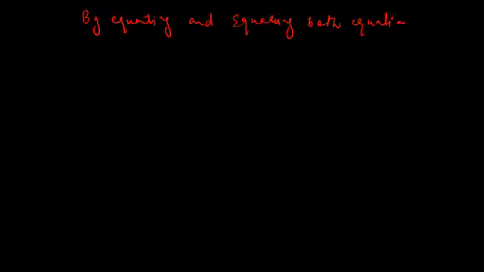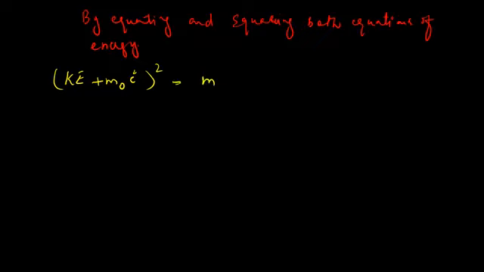So by equating and squaring both equations of energy, you will get kinetic energy plus m naught c square, whole square, equals m naught square c to the fourth plus p square c square.